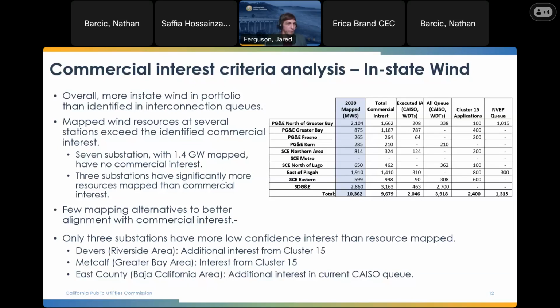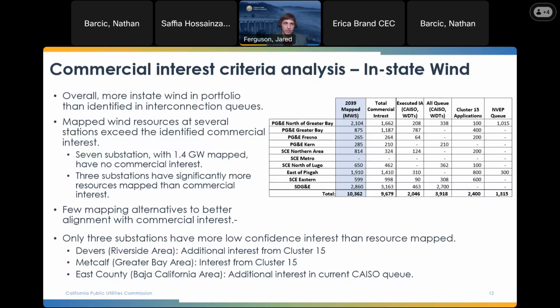Overall, you do see we have more resources in the portfolio than total commercial interest, and the mapping is additionally not fully aligned with that commercial interest. We have 7 substations, about 1.4 gigawatts of resources mapped, that have no commercial interest.